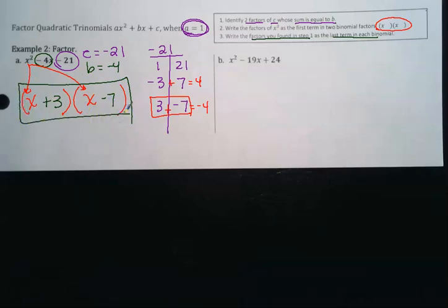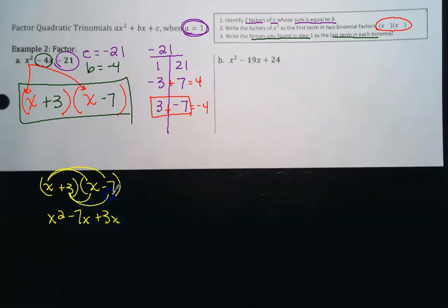And you're done. That's it. Remember, you can always check this to make sure; checking your work is a great thing. So if I have x plus 3 times x minus 7, we would FOIL. x times x is x squared. x times negative 7 is negative 7x. 3 times x is a positive 3x. 3 times negative 7 is negative 21.